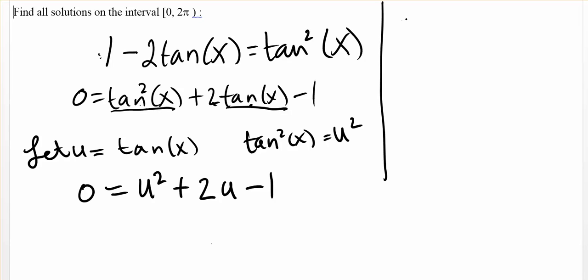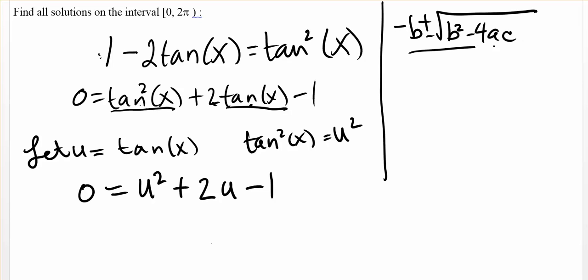So the quadratic formula says negative b plus or minus the square root of b squared minus 4ac all over 2a is what u will be. So u will be equal to 0 when it is equal to this value, if there are any real values.